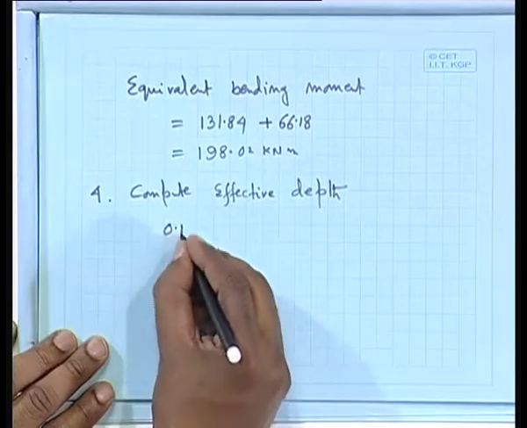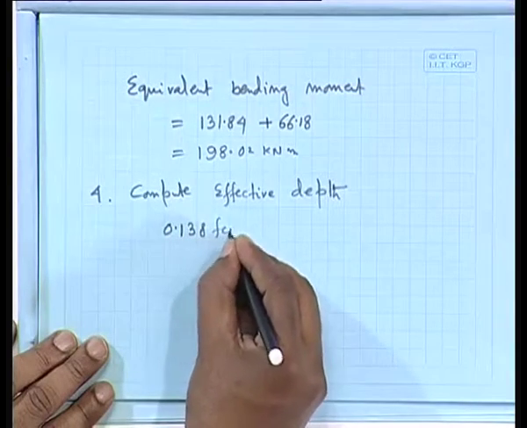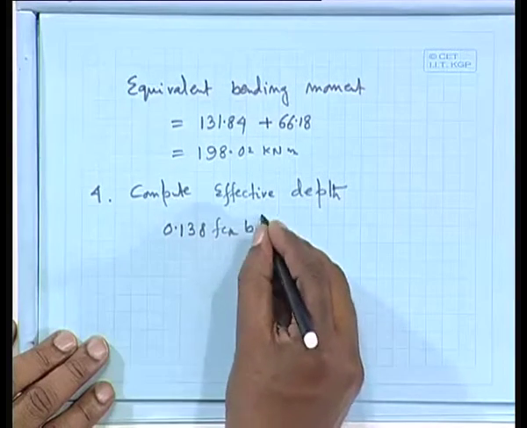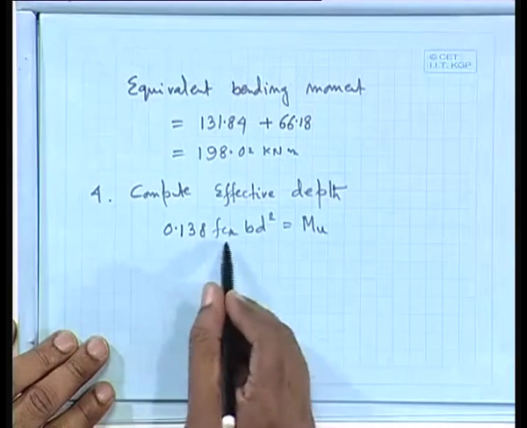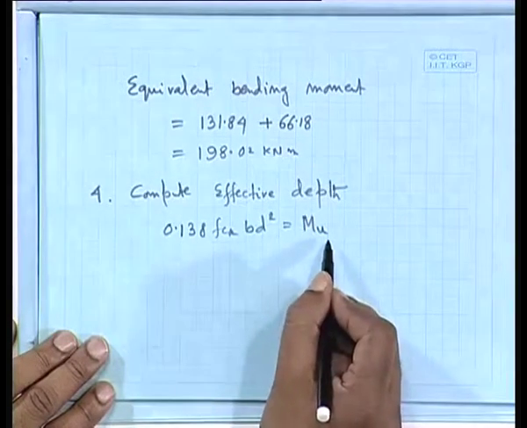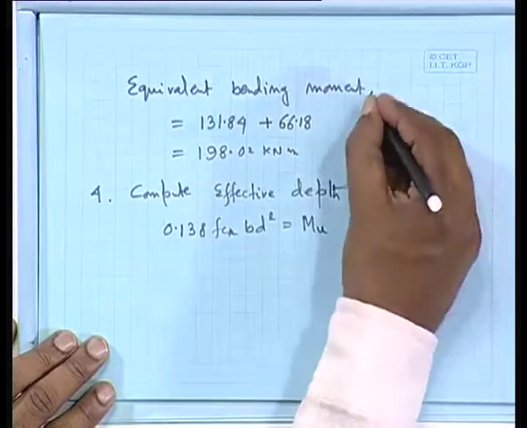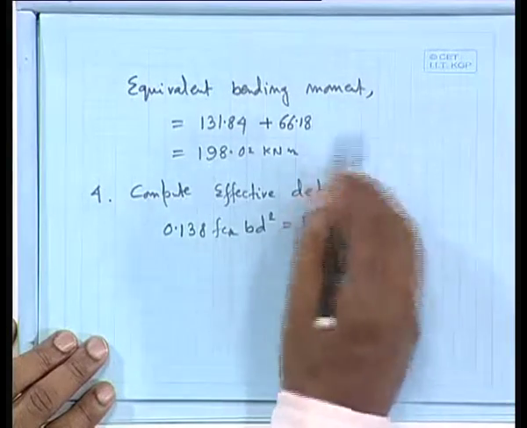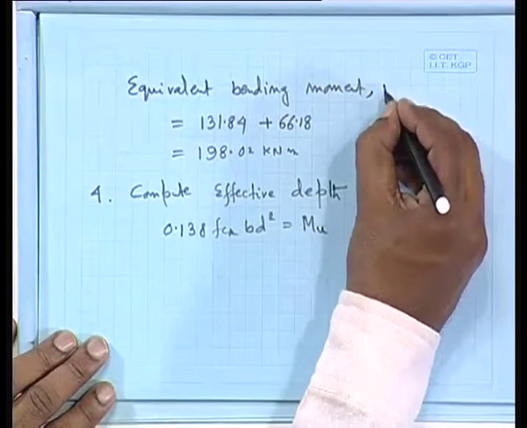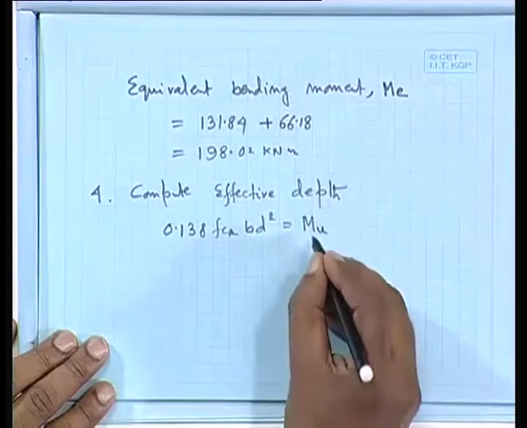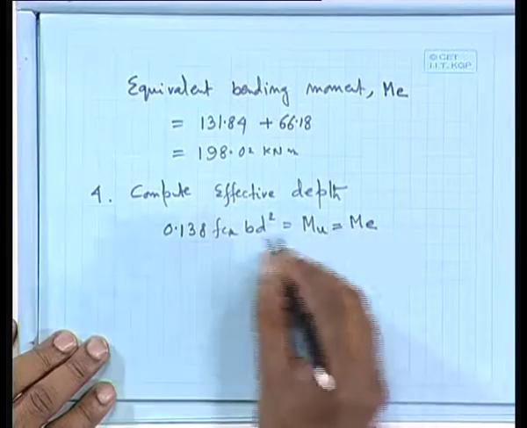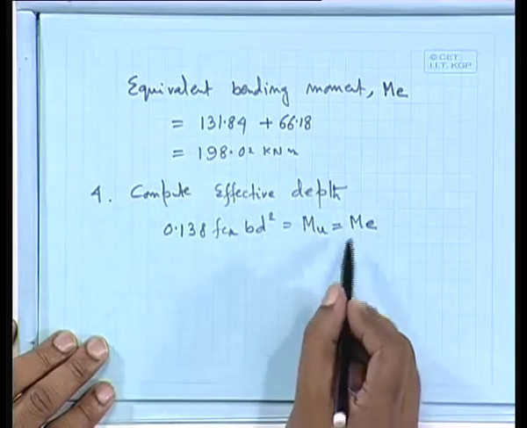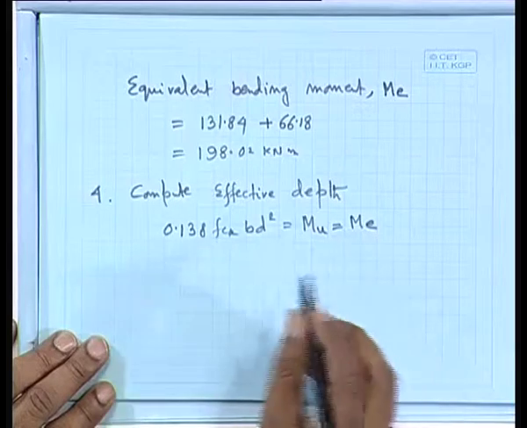So we have the same formula: 0.138 FCK BD square equal to MU. Let us write down here ME. This is our ME. So MU means here, as per our torsion, we should apply here ME.